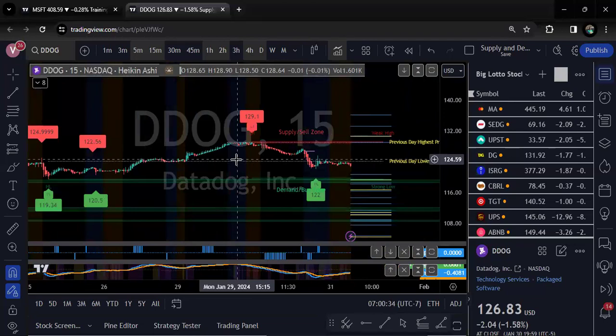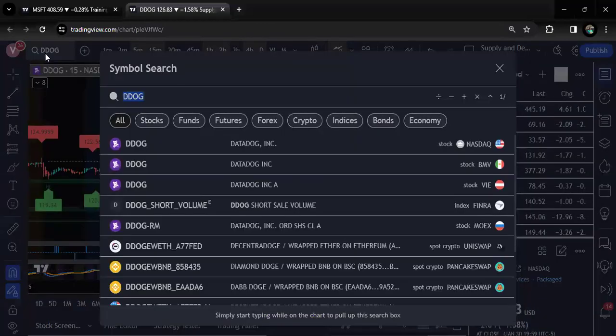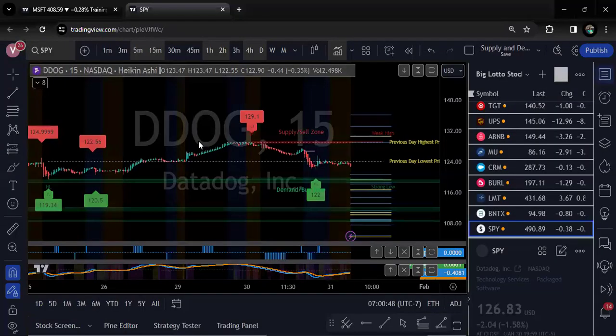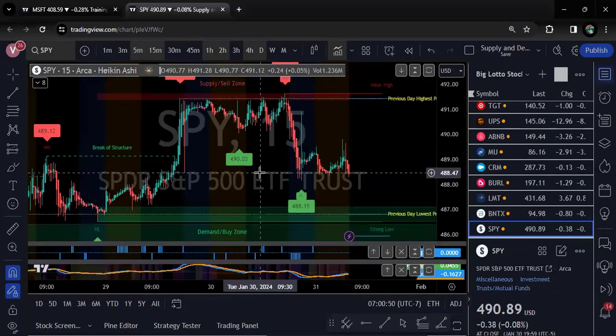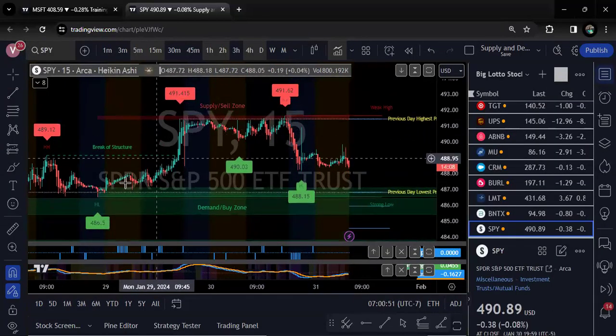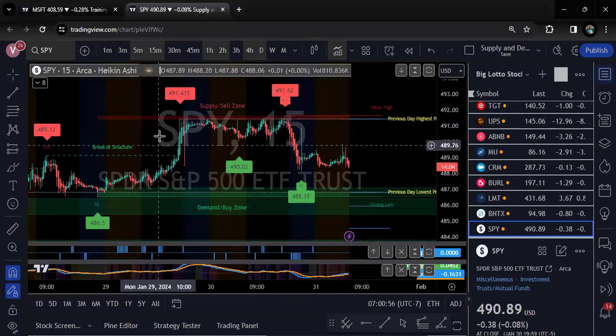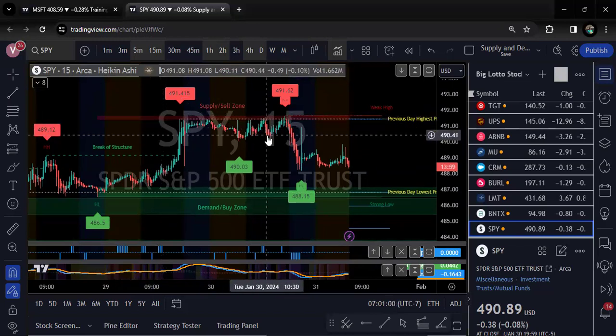Okay, so now we have tons of stocks that had reduced volume, beginning even with SPY. So SPY, let's see SPY. Okay, so it had low volume. It went up on Monday, but the volume reduced big time. Yesterday, volume reduced again.